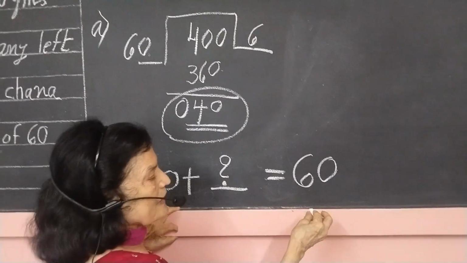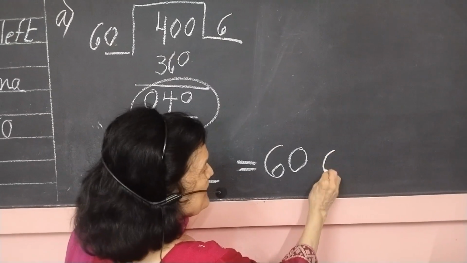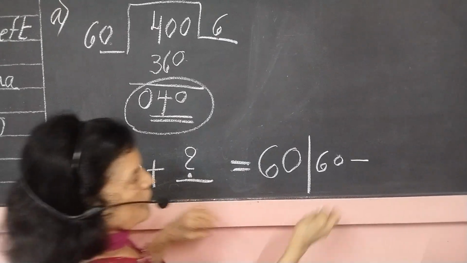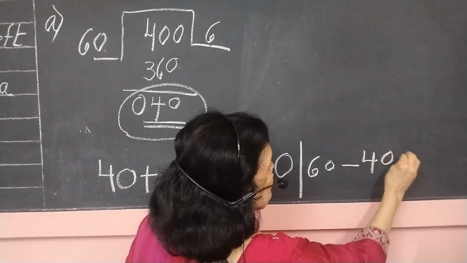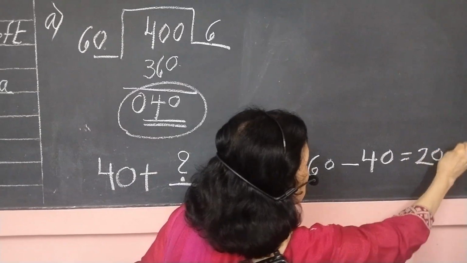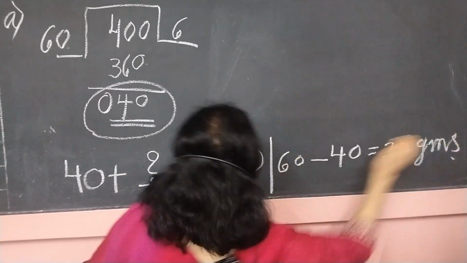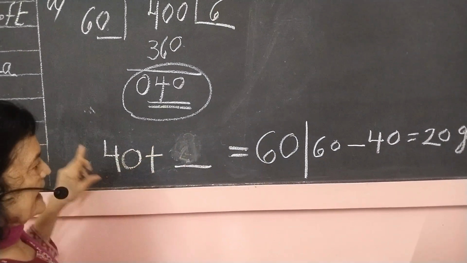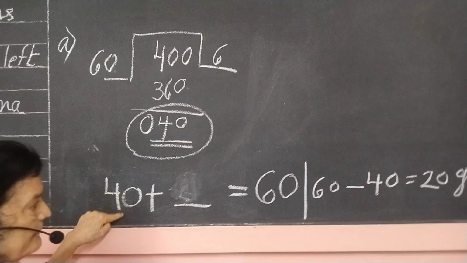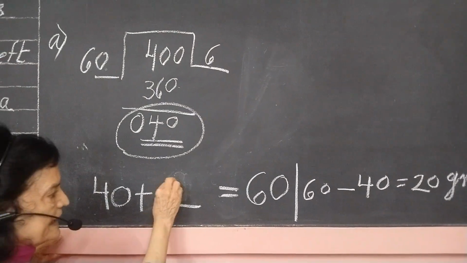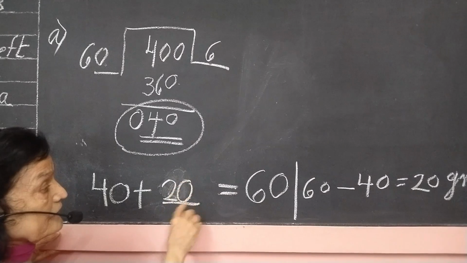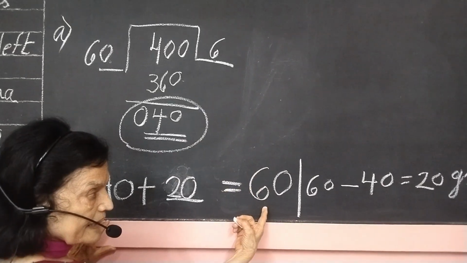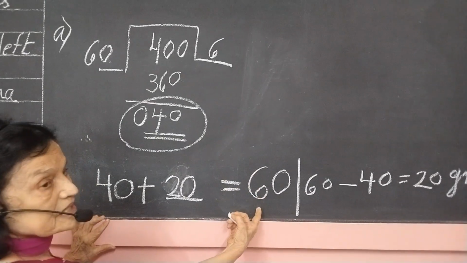So we are going to do 60 minus 40, and that is 20 grams. So here, instead of the question mark, if we add 20 grams more to this 40 remainder, then we can make one more pouch of chana weighing 60 grams.